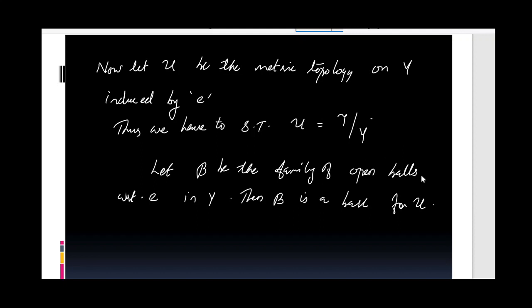So the family of open sets means we are using the metric to define it. So definitely this collection B will form a base for U. And thus B is contained in T restricted to Y. Since B is a base of U, that means U is contained in T restricted to Y. So we have got one part, call it 1.